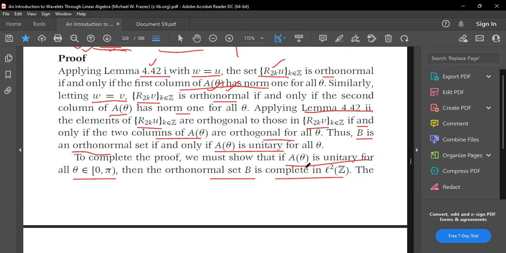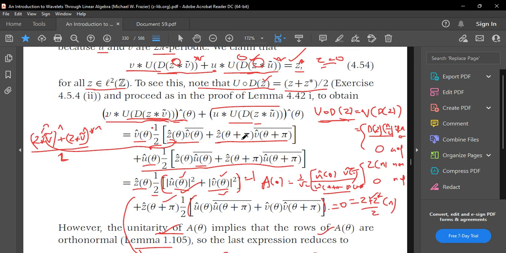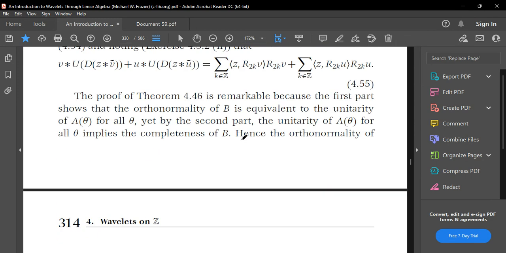Yes, this result also we have proved, theorem 4.46 we have proved now, and from here we can draw that, from theorem 4.46, this shows that the orthonormality of B is equivalent to, that is if and only if, the statement we have proved, this is equal to the unitary of A of theta for all theta.